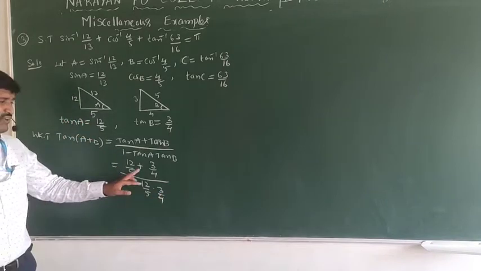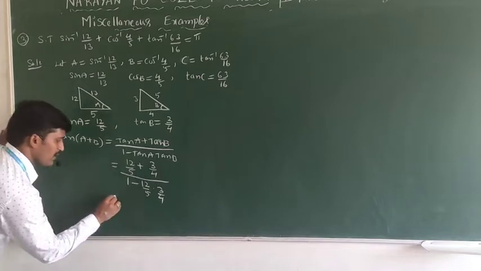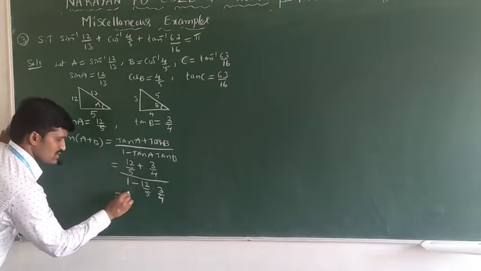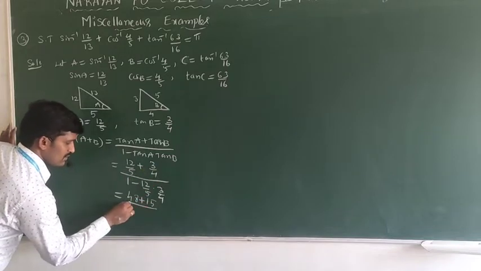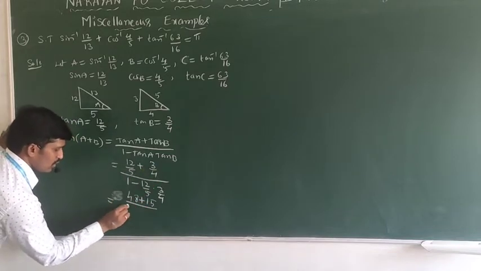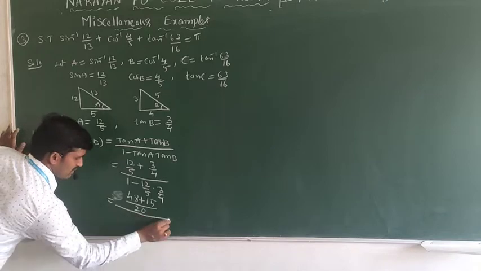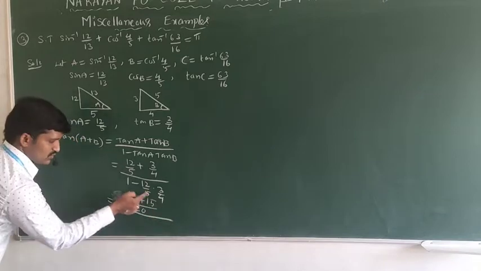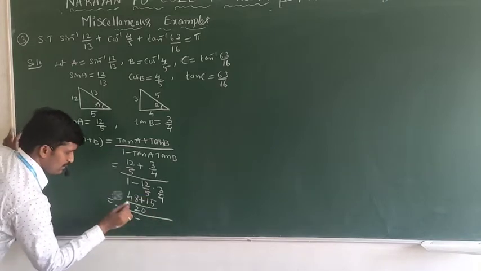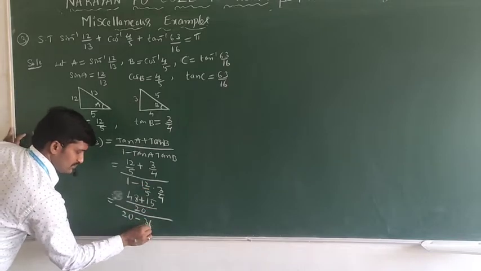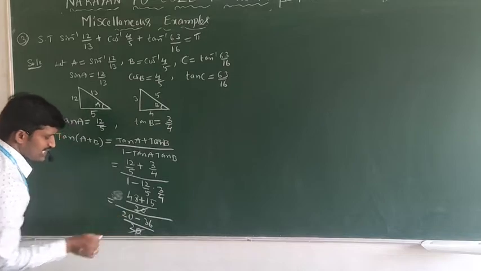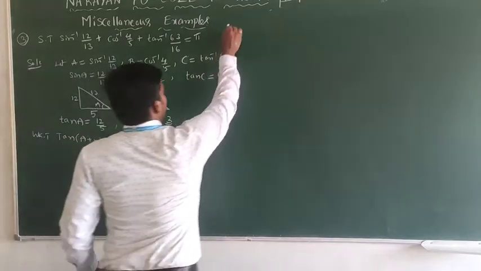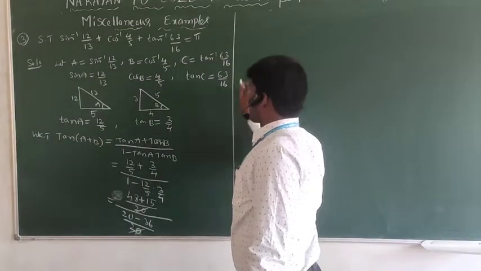What is the LCM for 5 and 4? It's clearly 20. Multiply: 12 fours are 48 plus 5 threes are 15, by 20, whole divided by 20 minus 12 threes are 36, by 20. And 20 gets cancelled. Left side, what is the value there?